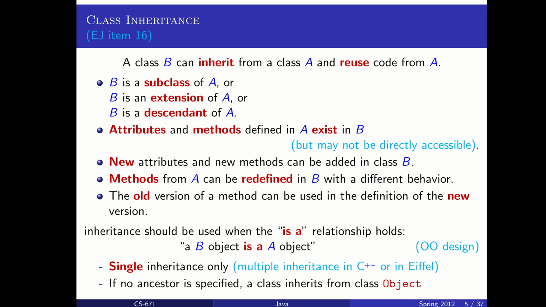Well, that would just be adding a variable to it. People often get confused by these, but if you can state that something is always another thing, then we can use an inheritance relationship reasonably there. In Java, there is only single inheritance for class to class. And if no ancestor is specified, a class actually inherits from the Object class that is built into Java.